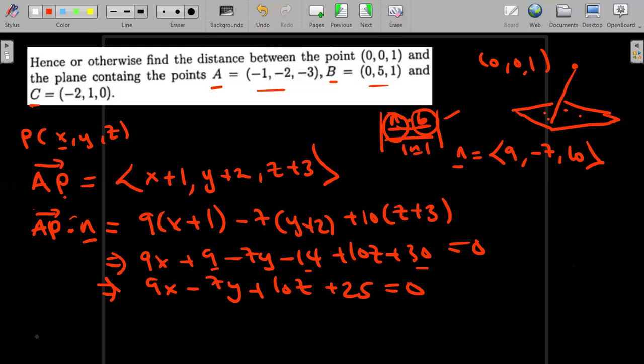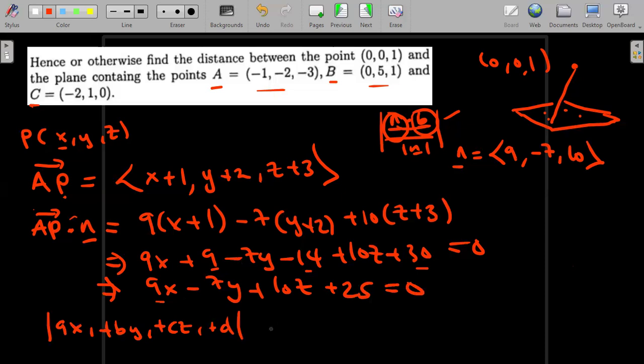Then from there, you can now get from the formula of distance, what is on top there is modulus of ax1 plus by1 plus cz1 plus d, like this. And of course, we can see this is what we have here.